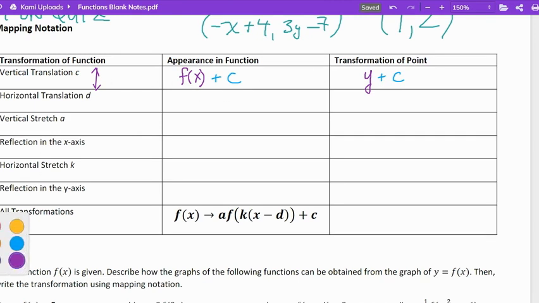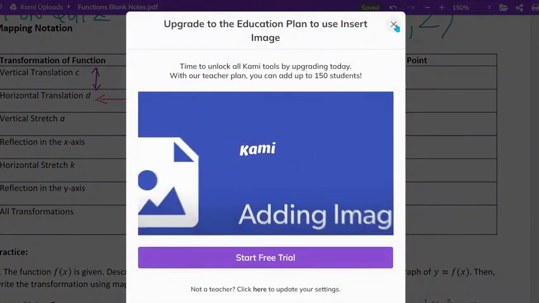Okay, then we have a horizontal translation, that's going sideways. And this one, the d goes inside the bracket.